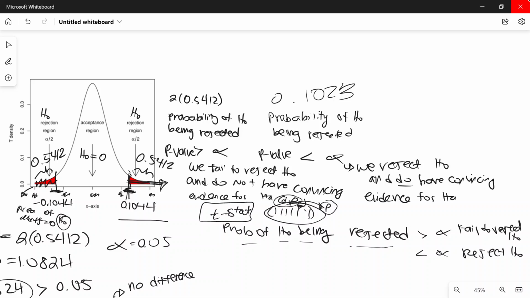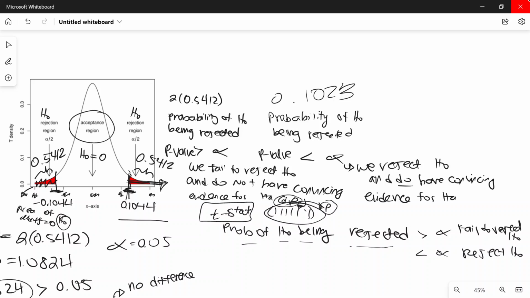Probability of H0 being rejected. Well, now I know that T-stat, okay, I think we could define that T-stat sets the interval for the rejection region of the null hypothesis. But then what about the acceptance region? Do we ever look at that? What if we want the acceptance region?